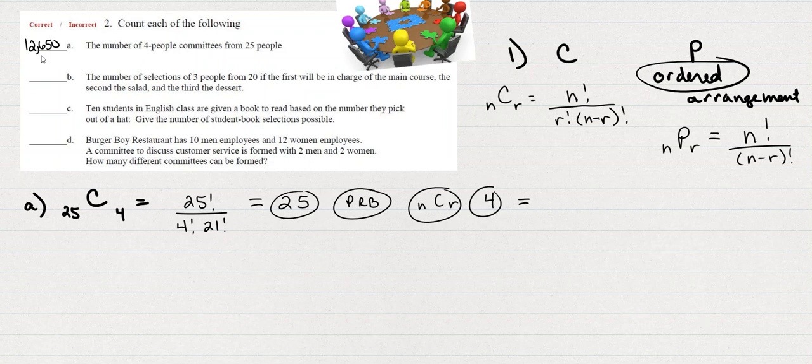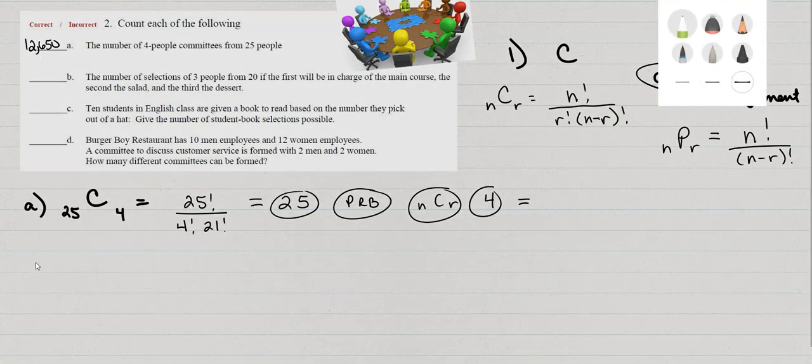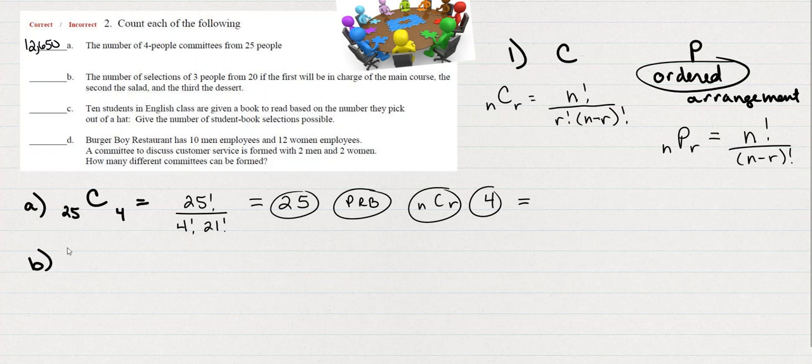Now for part B, the number of selections of 3 people from 20. The first is in charge of the main course, the second is in charge of the salad, the third is in charge of the dessert. So we've got 3 different people who are going to work to create a menu. And do you notice that the order is going to matter for this example? So now for part B, we've got a permutation of 20 people chosen 3 at a time.